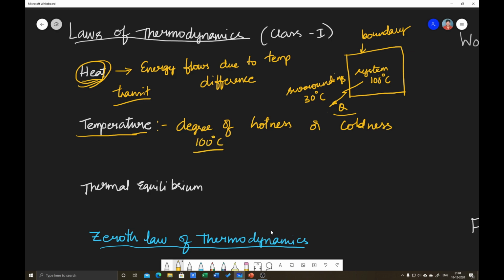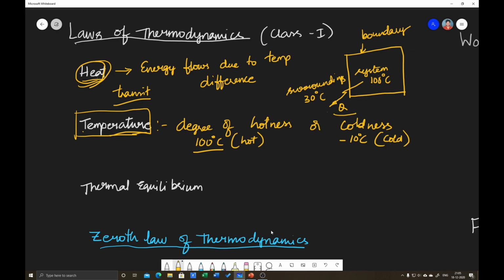Say if the temperature is 100 degrees centigrade, we can say that this is hot, or if it is minus 10 degrees centigrade, you can say the body is cold. So to describe the state of the system, we use temperature. Here we have to understand the difference between temperature and heat.